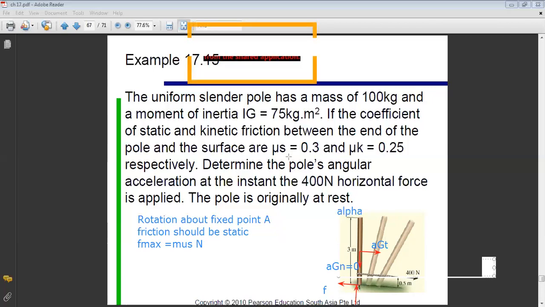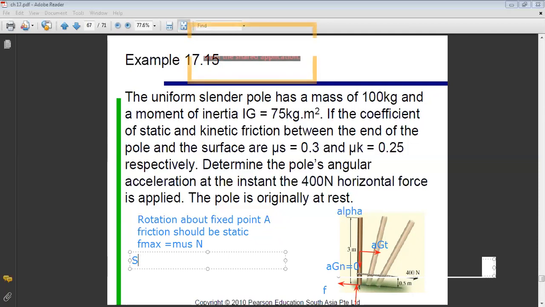Let's start with the first equation. What will be my first equation? Sum of moment about G, as you like. Here you can do sum of moment about G, or sum of moment about A. Why can you do sum of moment about A equals IA alpha for a homogeneous rod?